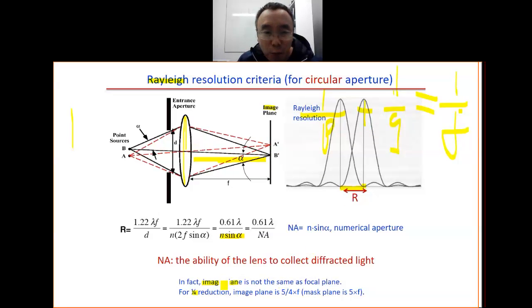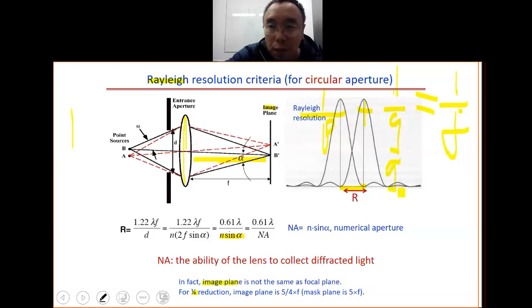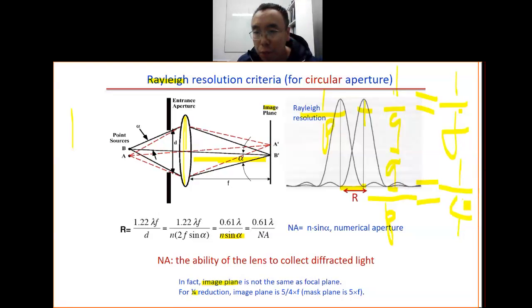So for the case of 1/4 reduction, q over p is equal to 1/4. From here you can tell the value q equals 5/4 f.